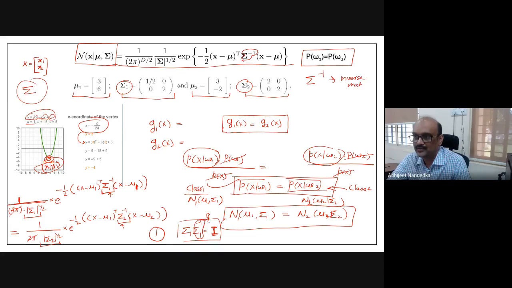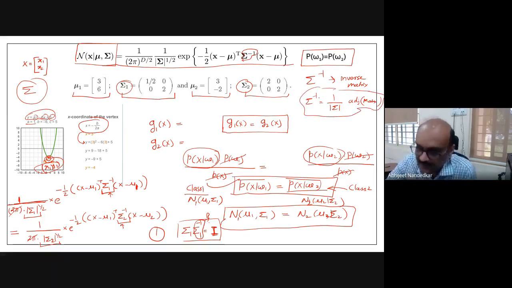So you can find out inverse of the matrix. You can say sigma inverse is 1 by determinant of sigma into adjoint matrix. You can get this procedure in maths book, or you may be knowing how to find out inverse of this.